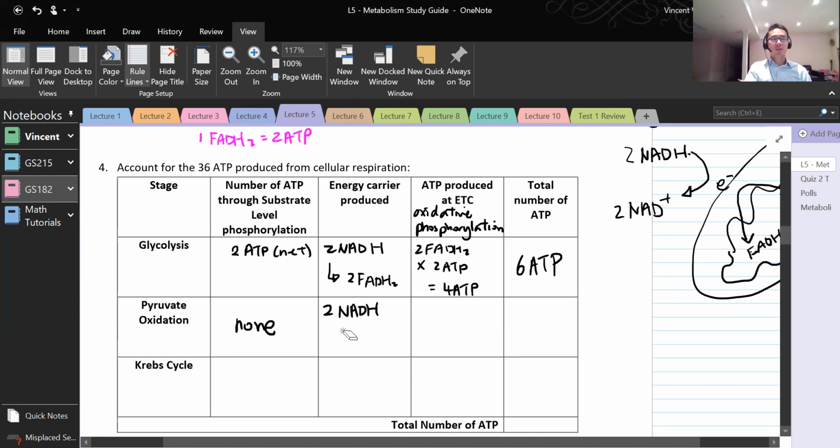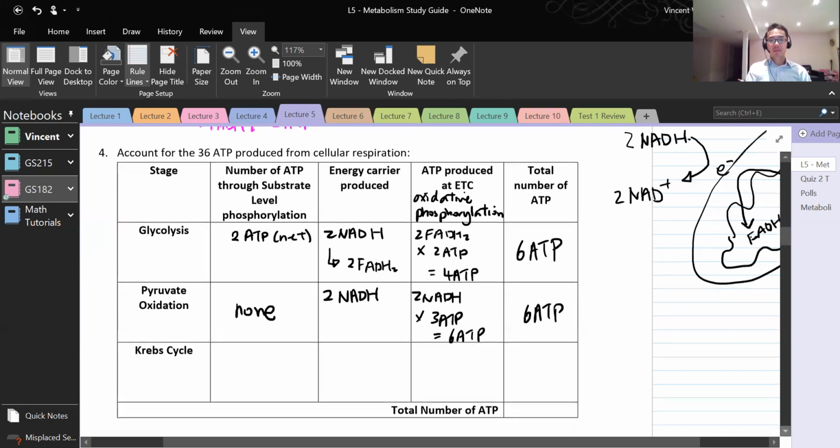Now this time we don't have to transfer it to a FADH2 because we are already in the matrix. So 2 NADH multiplied by 3 ATP will give me 6 ATP. So from pyruvate oxidation, each glucose will get 6 ATP.